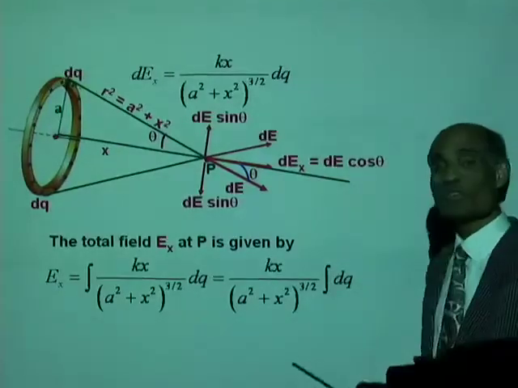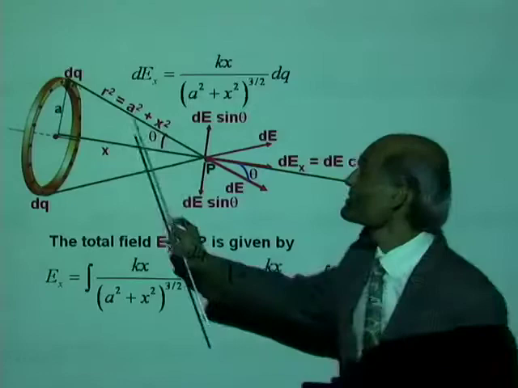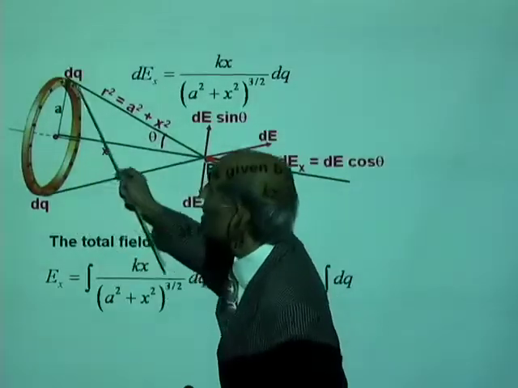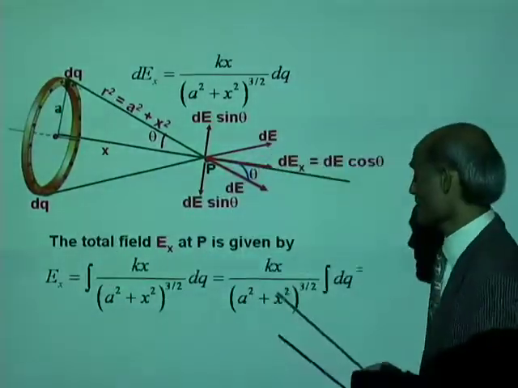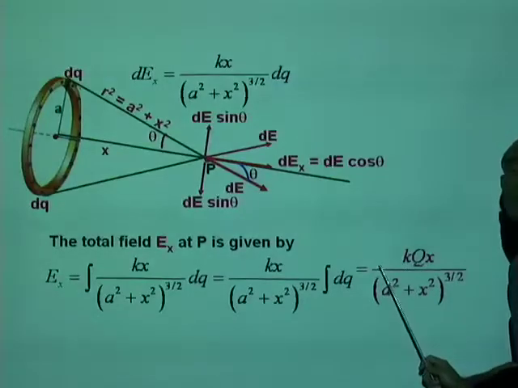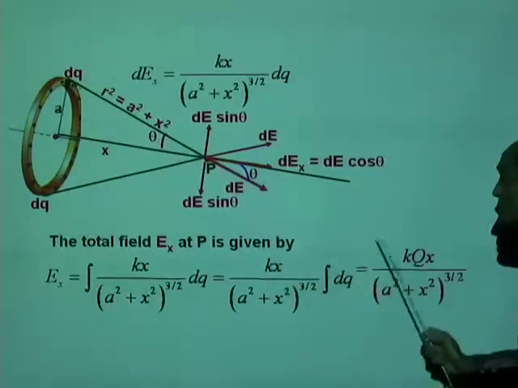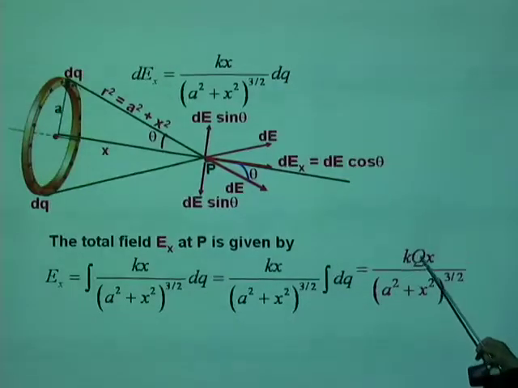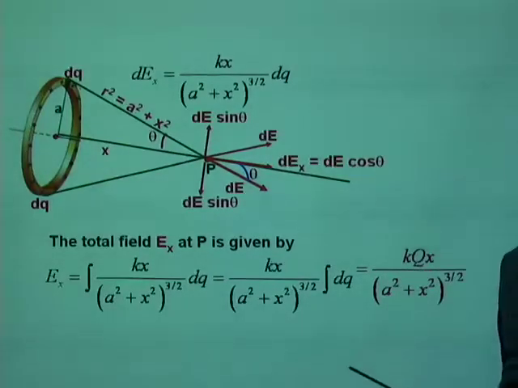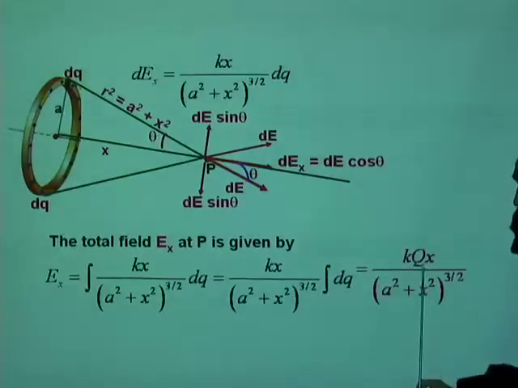What is the integral of dq? The integral of dq is the total charge q on the ring. So that gets us the final equation for the electric field at this point as kqx over a squared plus x squared to the power of 3 over 2. So you must remember that equation.